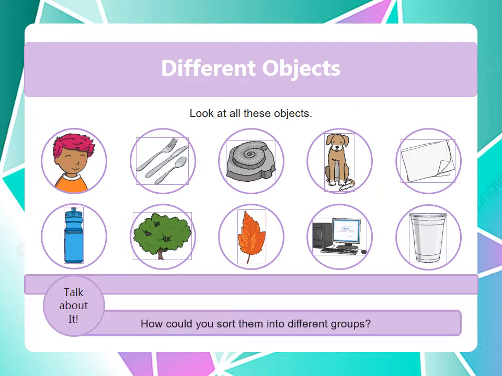Have a look at these different objects. You can pause the video here and talk about it. Let's talk about the first three. Then you can do the rest yourself. The boy, who is he? Living or non-living? Good job, he's a living thing. Why? Can he eat food? Can he drink water?